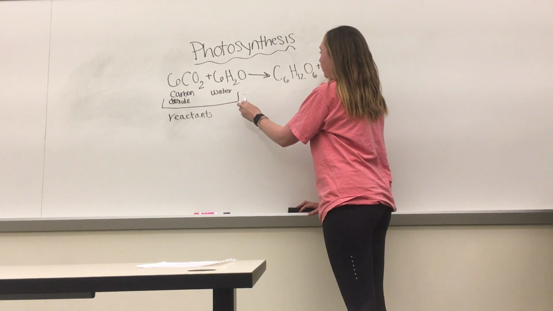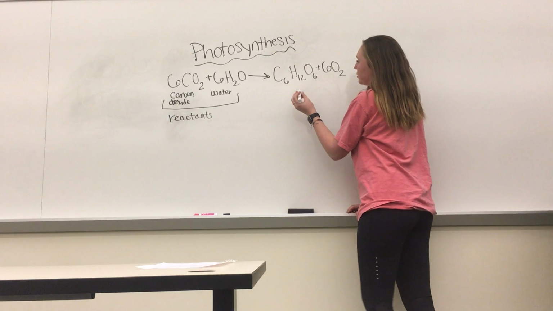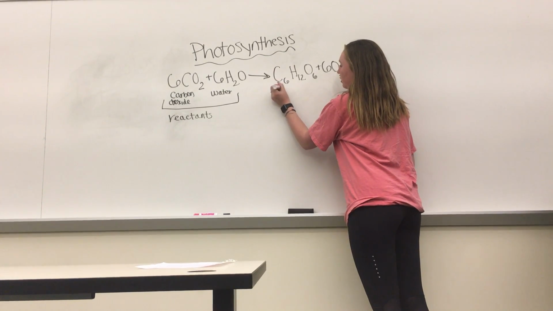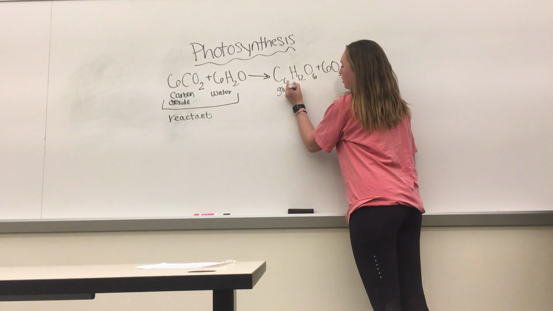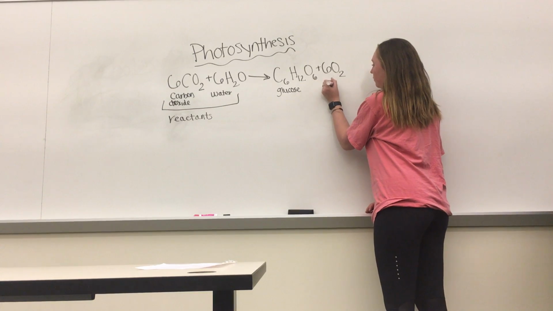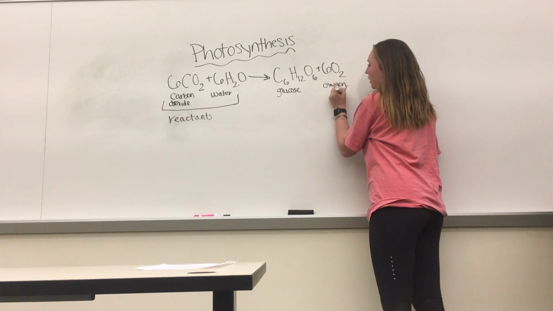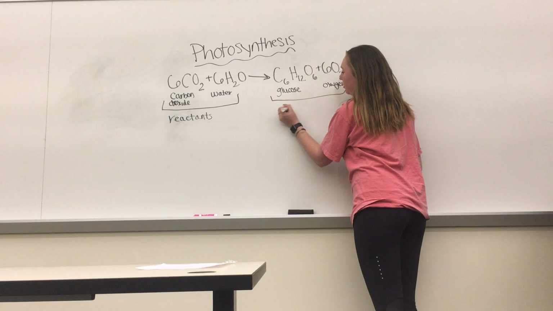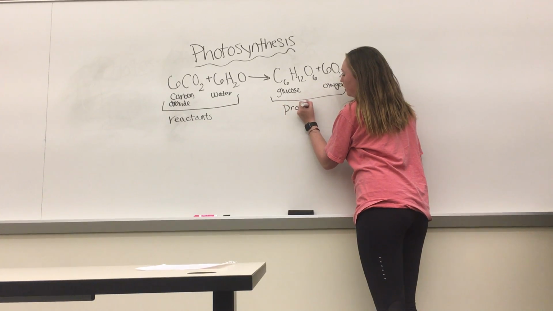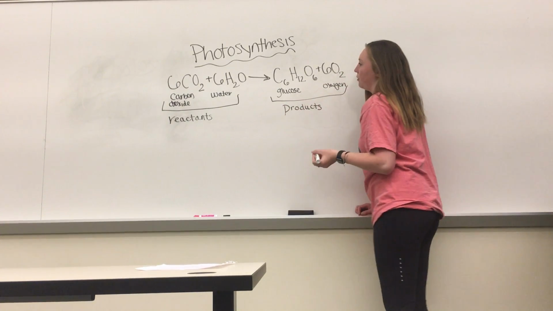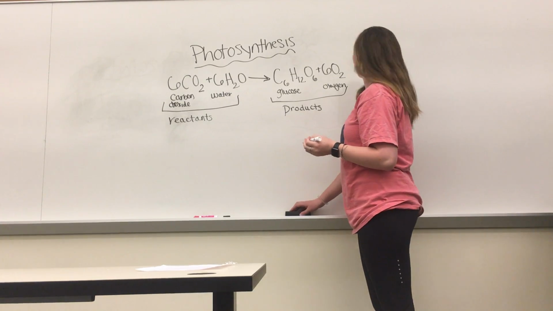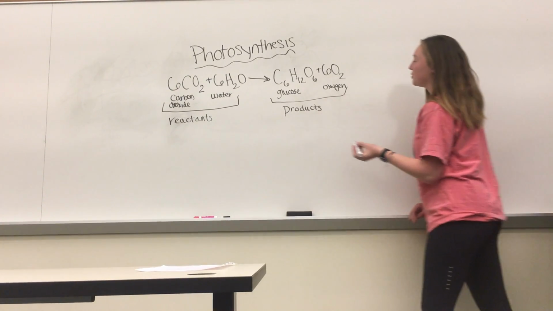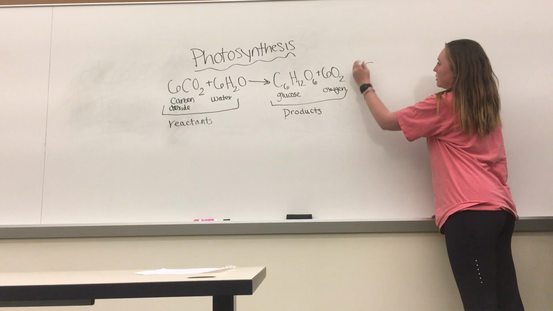So carbon dioxide and water are going to yield glucose and oxygen. And these are both your two products of photosynthesis. And so, in order for photosynthesis to start and to work, we need sunlight.